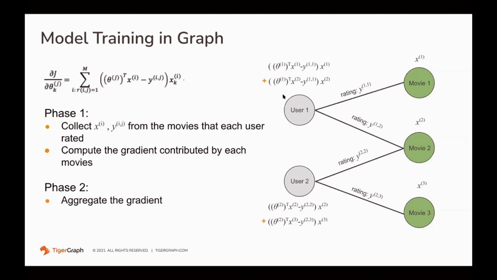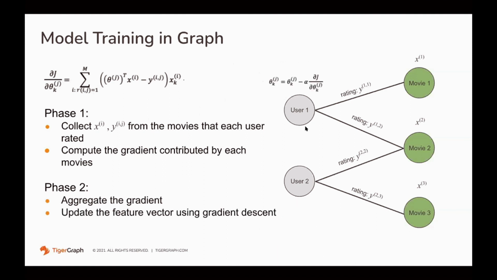Once all these gradients are calculated for a user, we run the gradient descent, which we saw in the previous slide, to recalculate the latent factor vectors for those users. We run this process until we reach a very low root mean square error, where we can say that our predictions are similar to the actual ratings in our training data set.